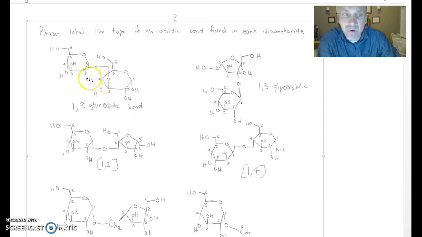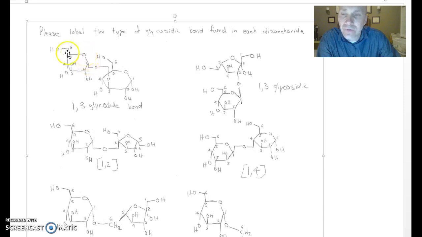When doing these types of problems, most of the work is actually involved in just figuring out the numbering of the two saccharides. The way that you number this, when you have your oxygen in your ring, you want to find the carbon that has the hydroxyl directly connected to it.